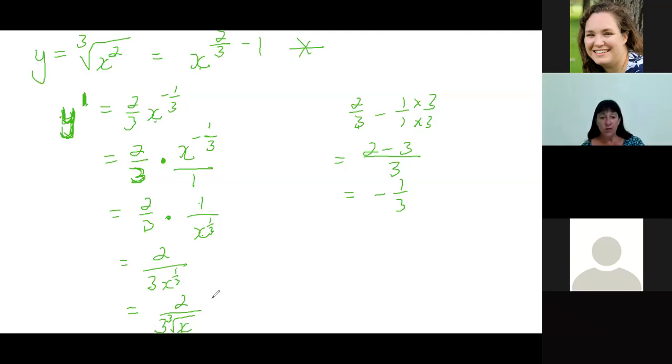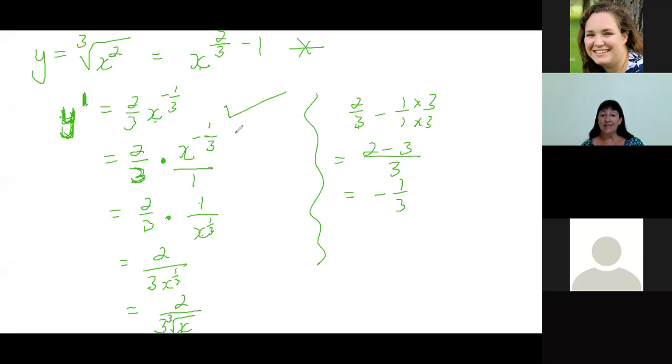And I'm going to do a few examples, just to practice it and make sure that you know how to do it. All right, so if we go through this again, we bring the power forward and we subtract 1. We get minus a third in the power. This is the derivative. That is what the derivative is. But we do not leave it with a negative power, and we do not leave it with a fraction in the power, right? So what we're really doing is we're saying, okay, what do I do with a negative power? I dive.